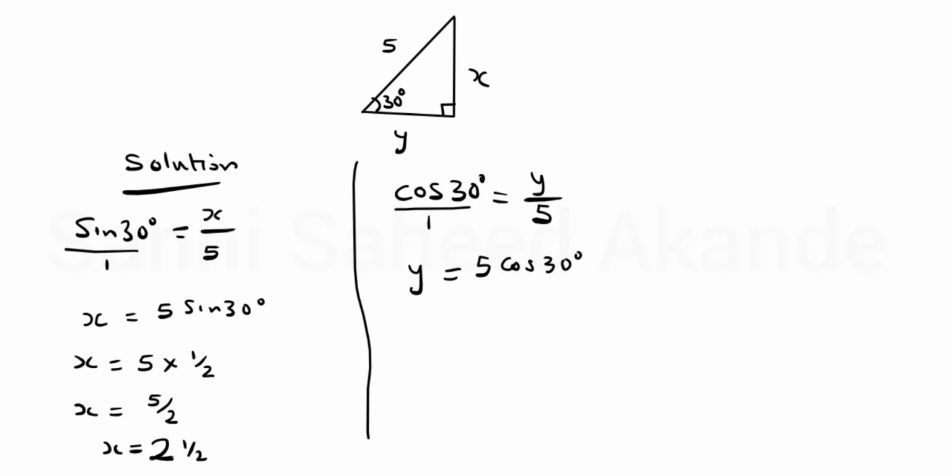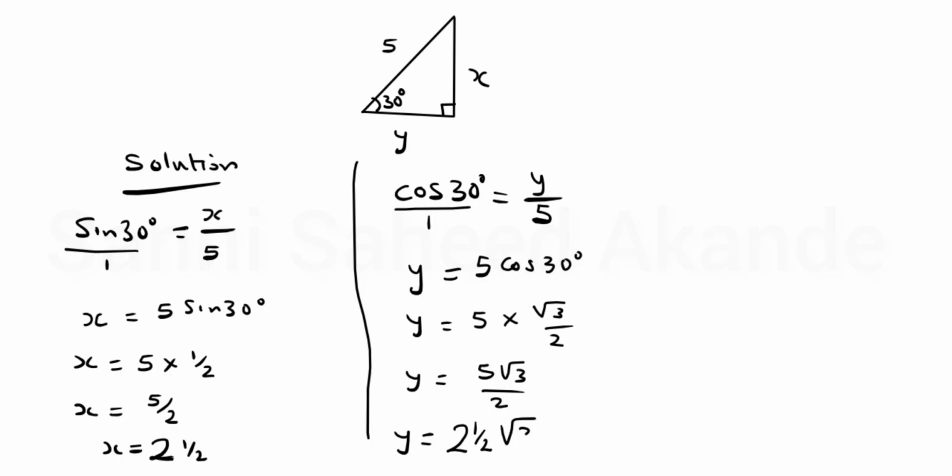From the special angles that we found, cos 30 is root 3 over 2. So y is equal to 5 root 3 divided by 2, or if you change 5 over 2 to a mixed number, you have 2 and 1 over 2 root 3. So that is the value of y.